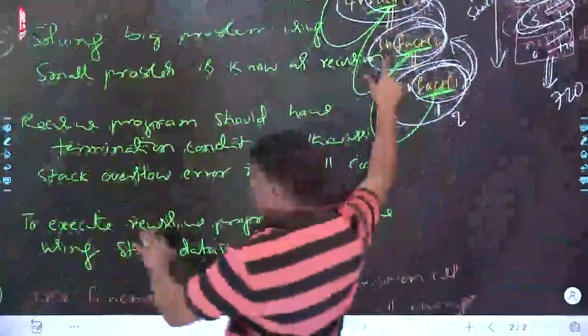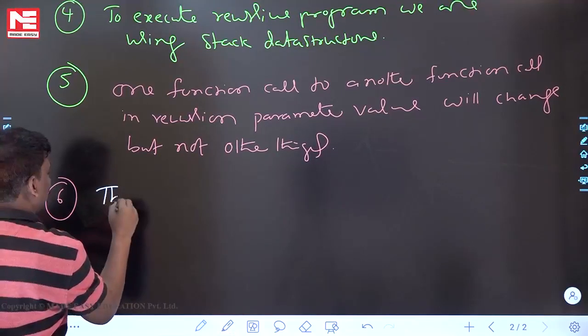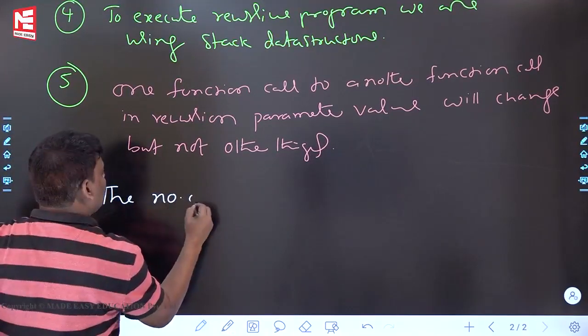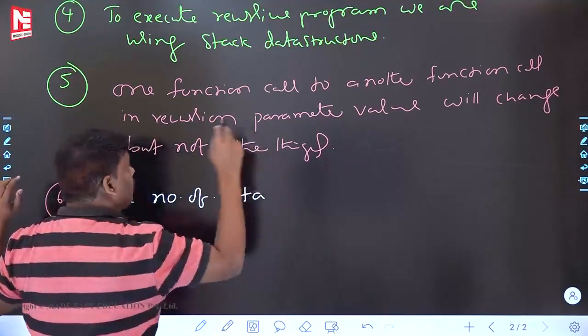Let me write now. 6th point. The number of stack units, not stacks, so one stack only, but that stack contains many units.